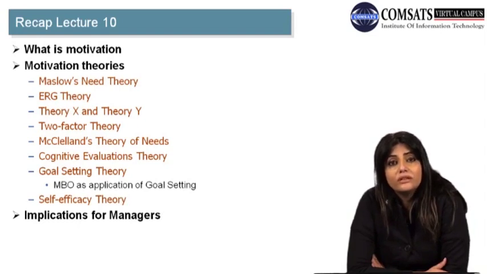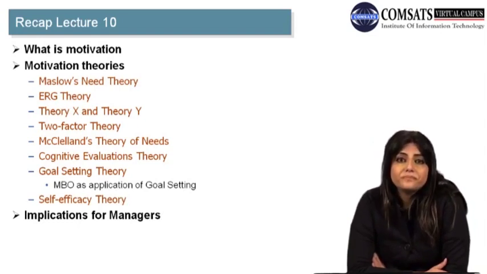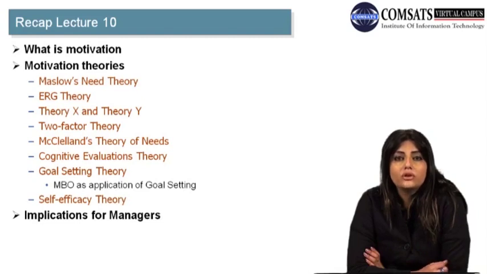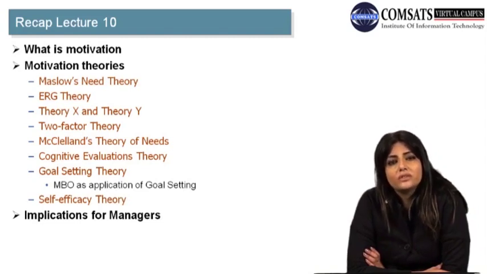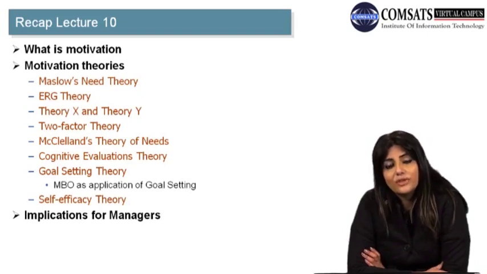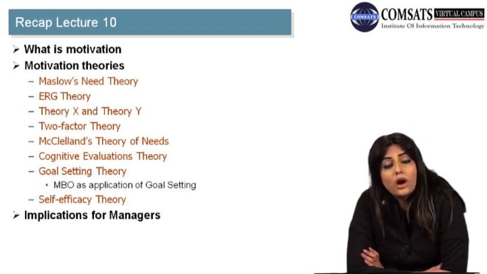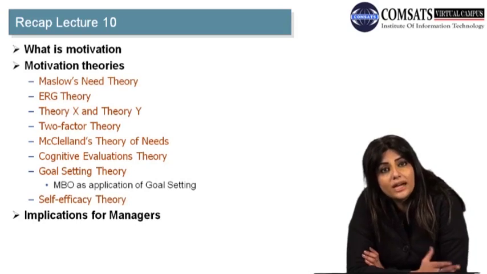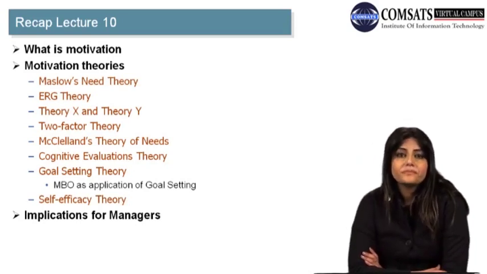And he found out that the factors which determine job satisfaction are different from the factors which determine job dissatisfaction. So different factors affect the two psychological states of the individuals. As a result, the two are not opposites of each other, but distinct constructs.